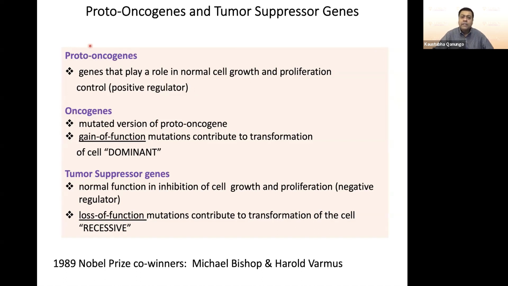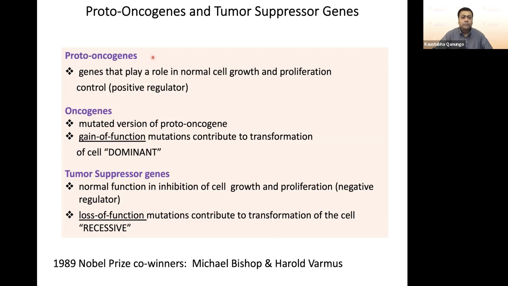So these are called the proto-oncogenes. This has nothing to do with cancer. These are just the normal cell growth and proliferation genes, so the name is a kind of a misnomer, and I'm going to explain why it is so. Now what happens if this normal cell growth and proliferation control, which is working every day in our cells, has a mutation?